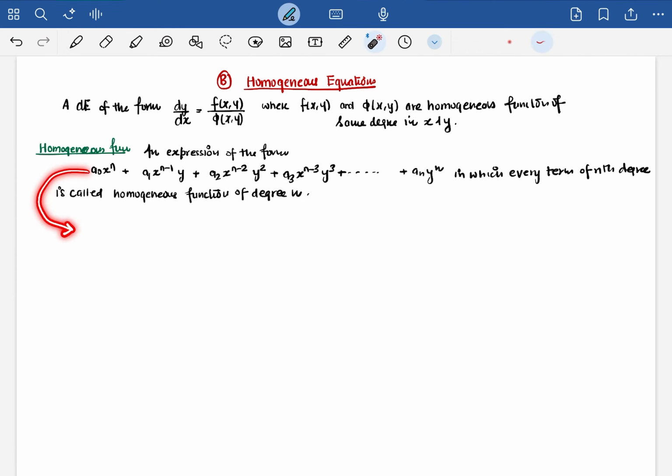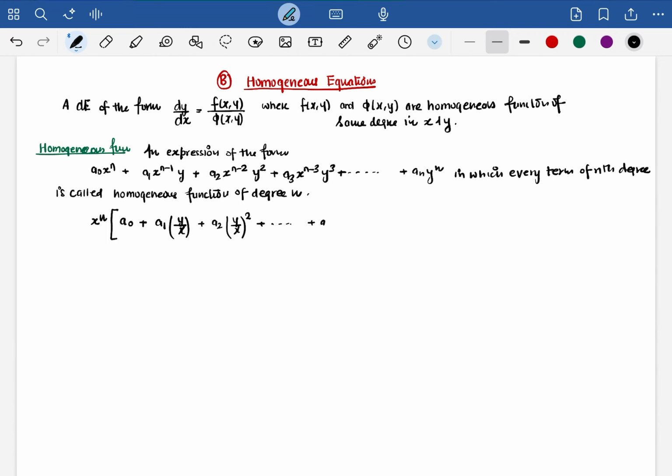Now we can rewrite this expression in a neater manner. We take x^n common: x^n times (a0 + a1 (y/x) + a2 (y/x)^2 + ... + an (y/x)^n). If you multiply x^n back in, the expression is the same as before.